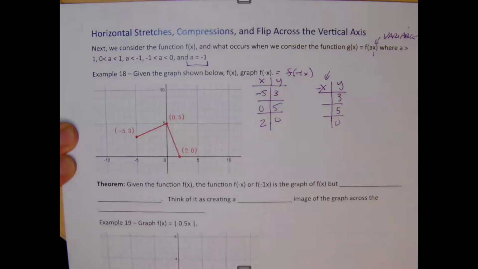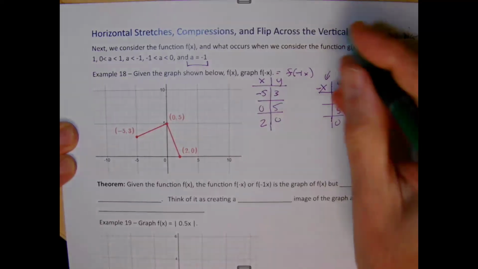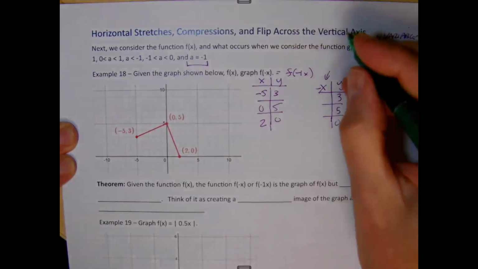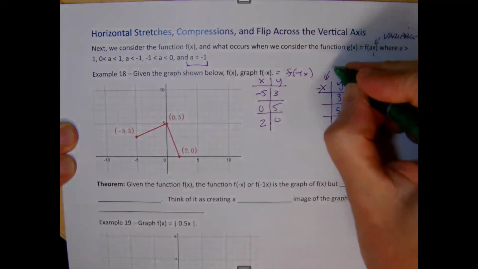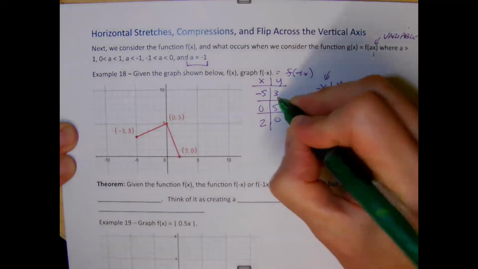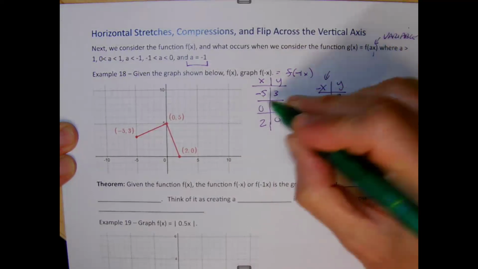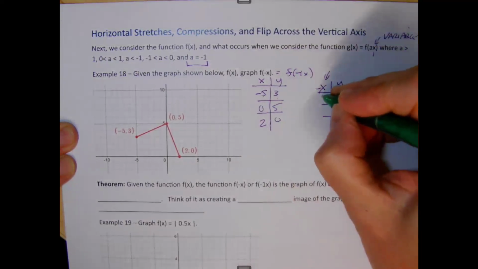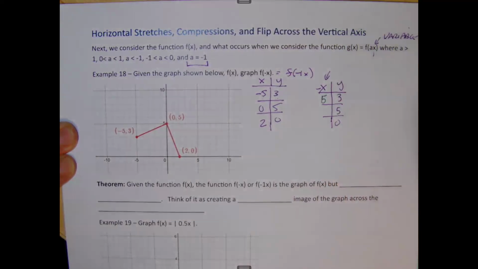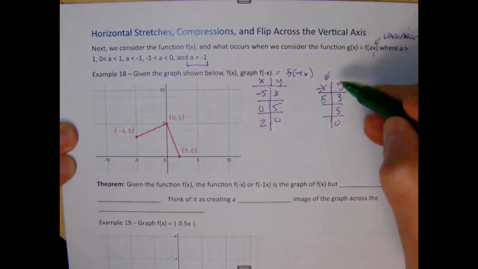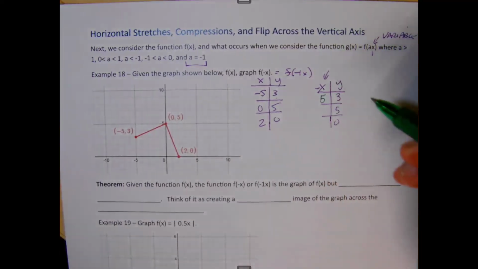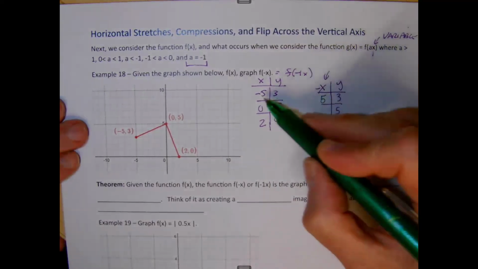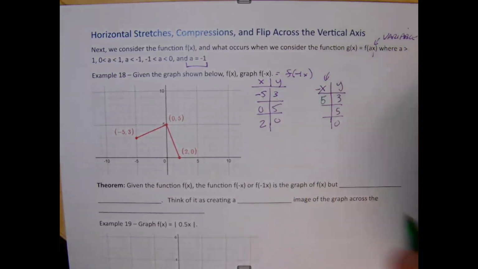So unlike horizontal shifts, this one's a little easier to comprehend, but notice that the idea still works the way I explained it. What -5 produces a 3? What would you need to enter to make this a -5? The answer is +5. But another way of looking at it is, if I enter a -5, what do I get? I get a 5.